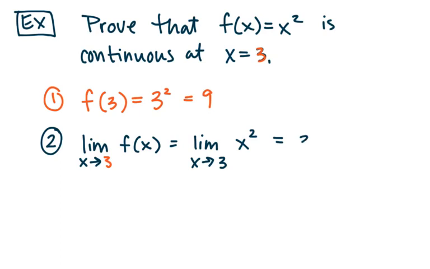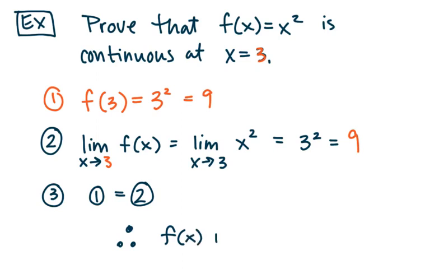So that would equal 3 squared, which is also 9. All right? And so since 1 is equal to 2, we can say, therefore, f of x is continuous at x equals 3. And that is how you show something is continuous.